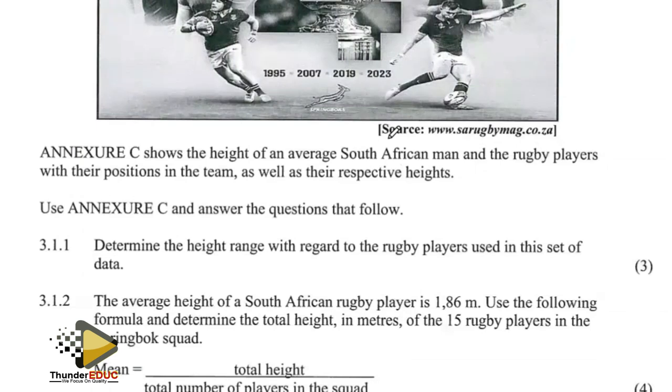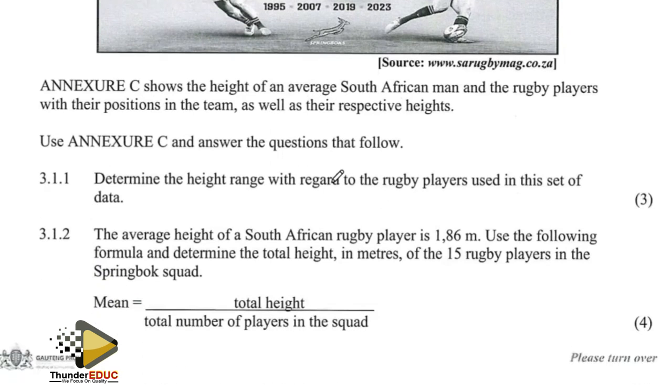Annexure C shows the height of an average South African man and the rugby players with their position in the team as well as their respective heights. Use Annexure C and answer the questions that follow.